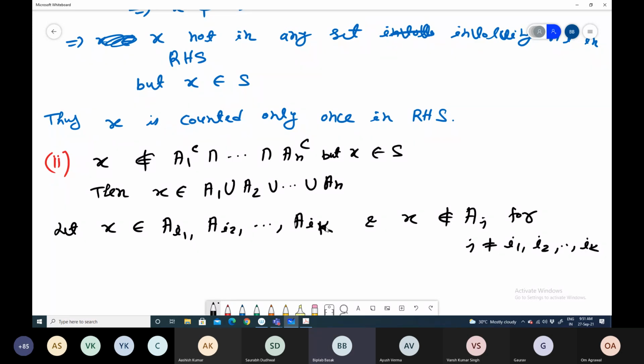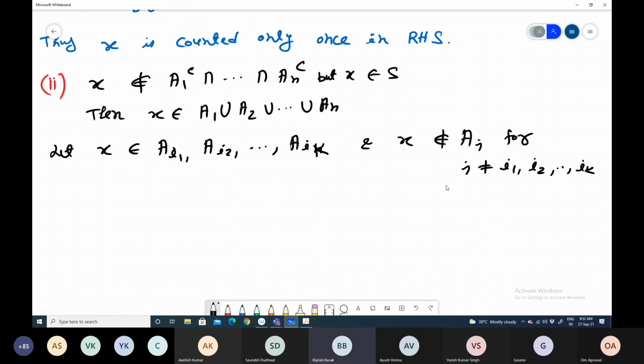So we choose some k sets from A1, A2, ..., An. X belongs to these k sets, that is, X belongs to A_i1, X belongs to A_i2. So there are k sets which contain X, and if we choose the other n minus k sets, then those sets do not contain X.